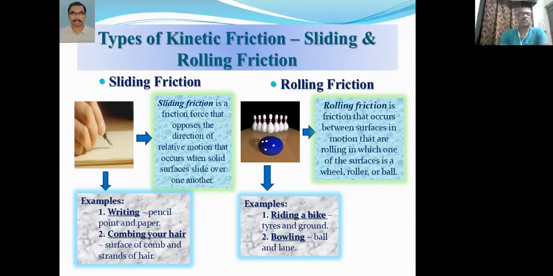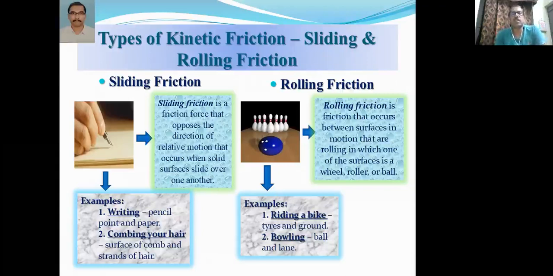That is, the friction force prevents the motion of the greater velocity surface. But on the other hand, it acts in the same direction as the lower velocity surface. So in this way, we can say that the frictional force prevents the relative motion between the surfaces.